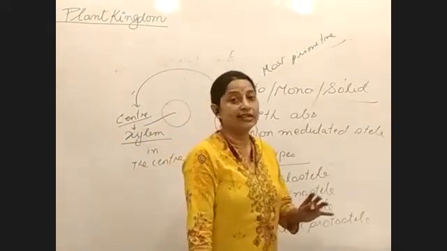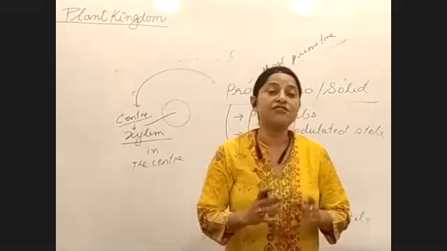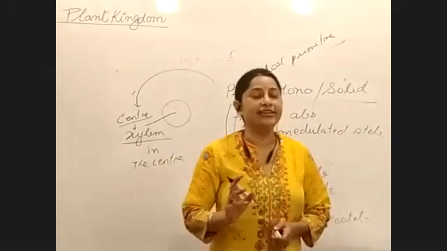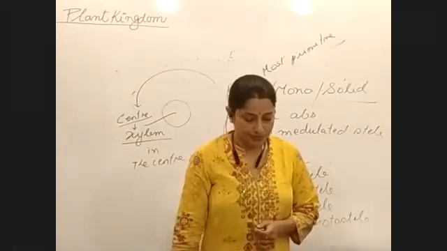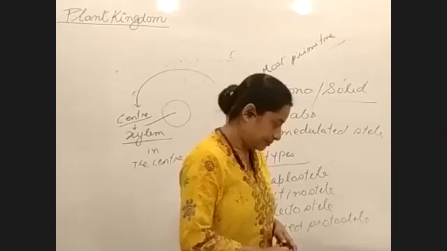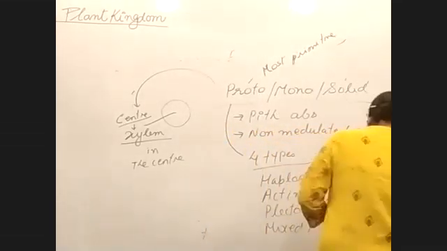This classification, haplostele, actinostele, plectostele and so on, is based on the structure of the xylem tissues, or how the xylem tissues are arranged in the center. Is it clear? Yes, ma'am.